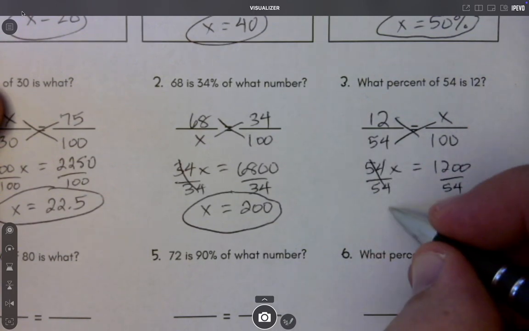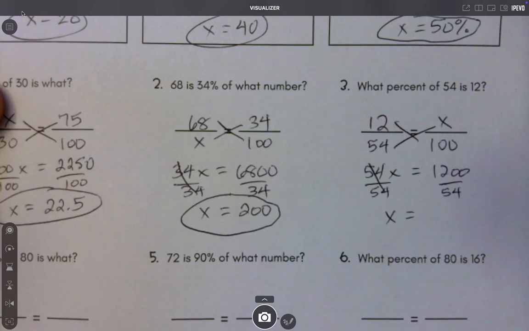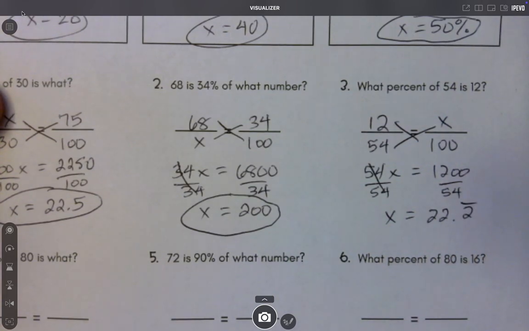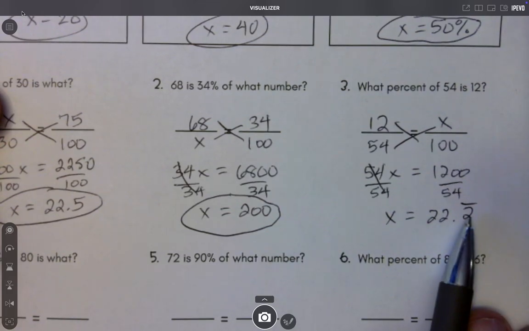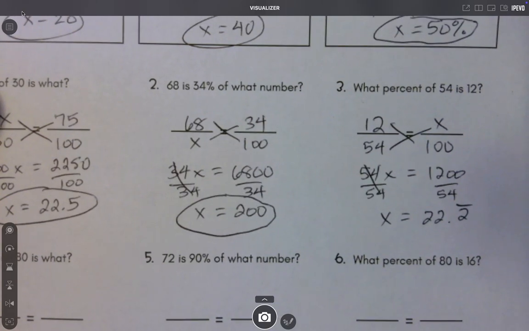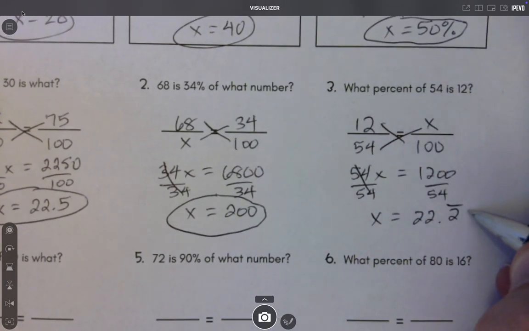And I will let you use calculators on this, just so you know. You get 22.2 repeating. I don't know if we've used this very much, but just a reminder, that means that number repeats on and on forever and ever. And what did I forget? Percent. 22.2 repeating percent.